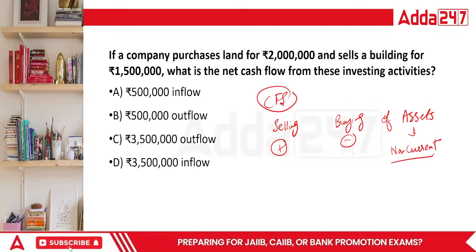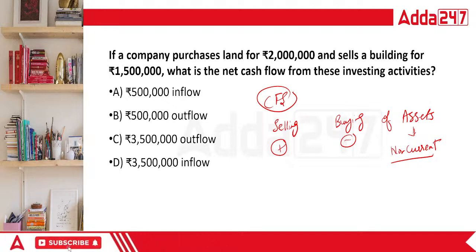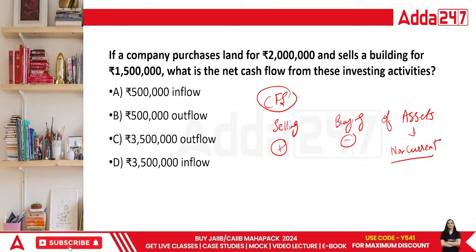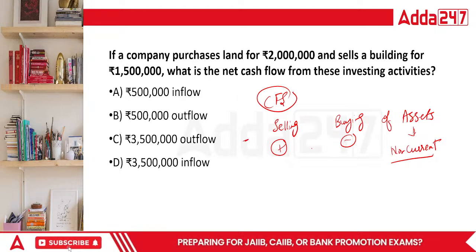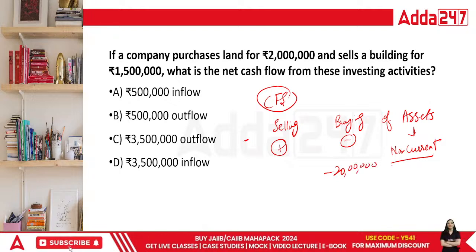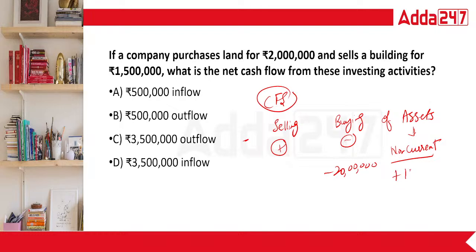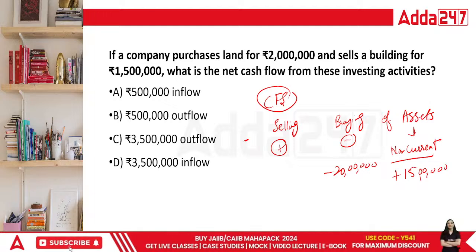Those particular assets which are non-current in nature are to be considered in this area. If you have got a particular piece of land, you purchase land for rupees 20 lakh, so that means minus 20 lakh should be there. And since you sold a building for 15 lakh, you have more outflow than inflow, isn't it?